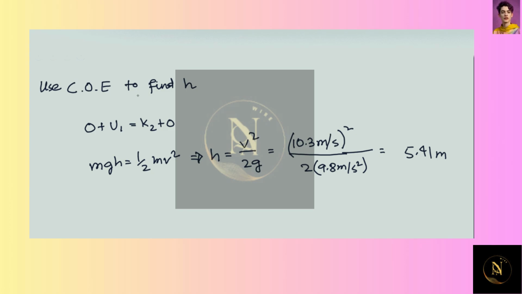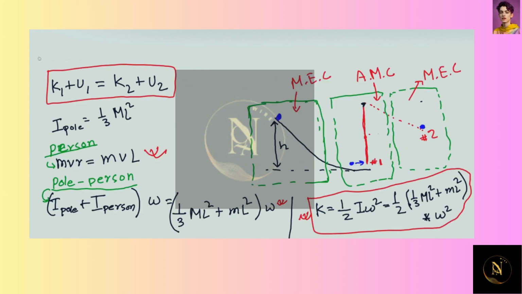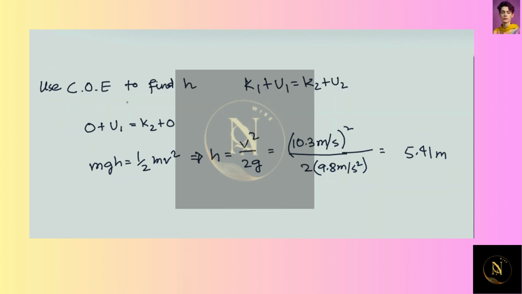Now, since we know the linear velocity, we move on to the final part, and here we'll again be using the conservation of energy. So again we'll be using K1 plus U1 equals K2 plus U2, where this is point number 1, let me use green marks for that, and this becomes point number 2. At point number 1, we don't have any kinetic energy, all we have is the potential, so that's why we have mgh.